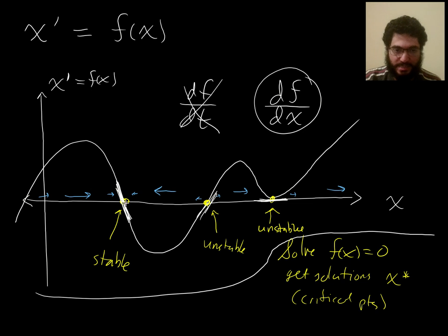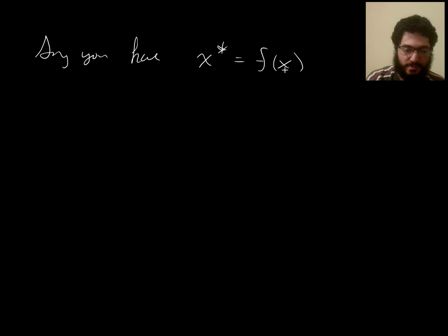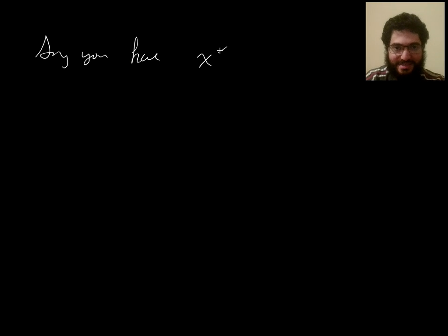If the derivative of f is negative, so let me make a new picture that's on its own. Let's suppose you have x prime equals f of x. And this is your differential equation, an autonomous differential equation.